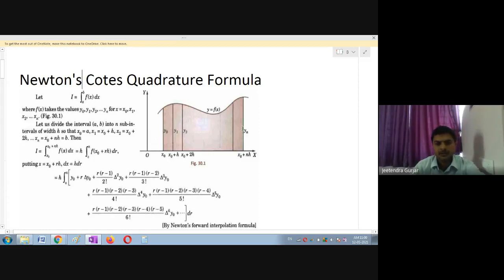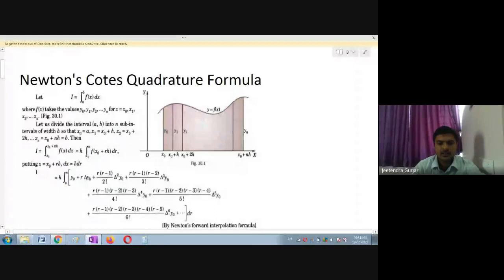So we are going to divide this area into n intervals under the curve between A and B, taking y equal to f of x as the function. Here I will take the integration I, which is equal to the integral from x naught to x naught plus nh of y equal to f of x dx. This is how we have to construct the integrand. Then we will simplify this by substituting values.